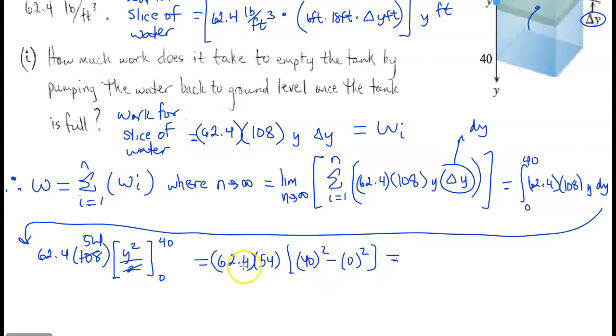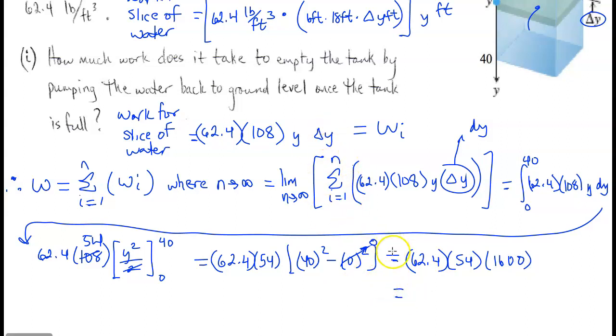And so from here, at this point, we're pretty much done. We know that 0 squared is just 0. We know that 40 squared is just going to be 1,600. So we would just have this 62.4 times 54 times 1,600.